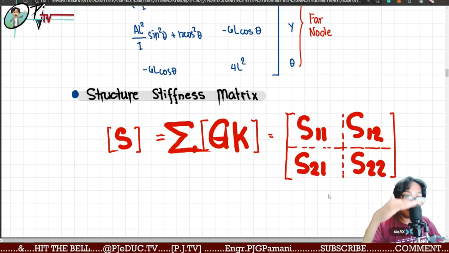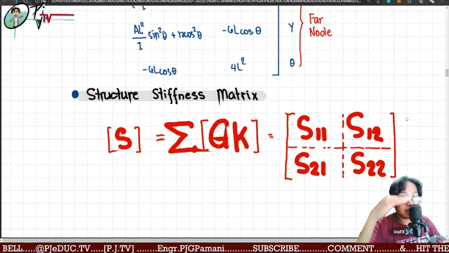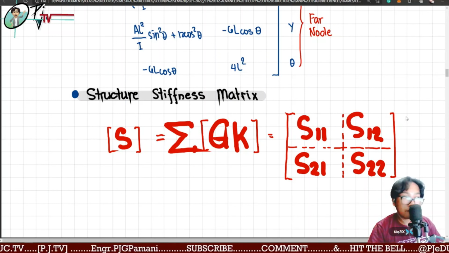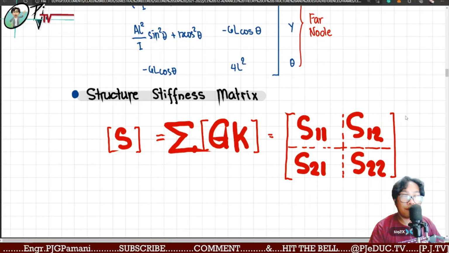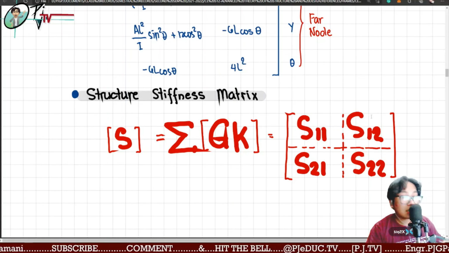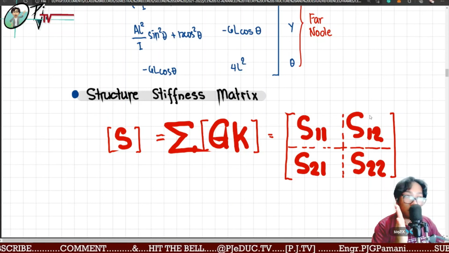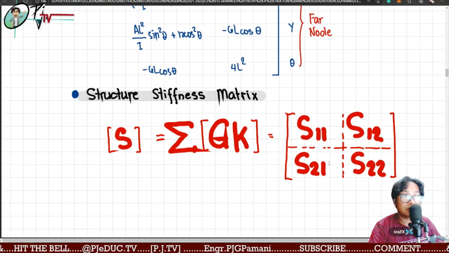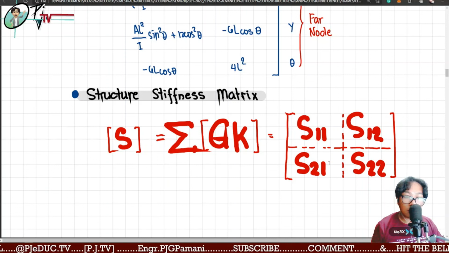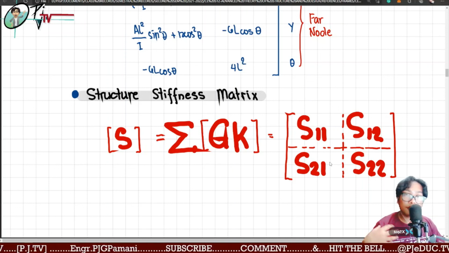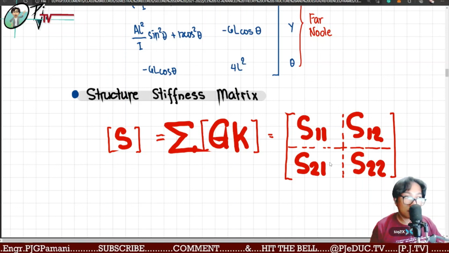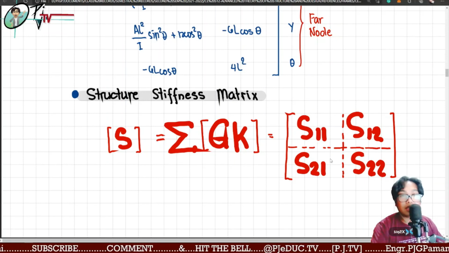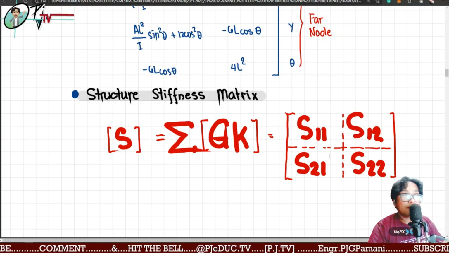So, pababa, hanapin mo yung ilang number of deflections. Halimbawa, merong 5 number of unknown displacement. So, magbilang ka ng 5 row, then 5 columns. Then, yun na yung magiging basis mo for your partitions. So, if we have 5 unknown displacement and also 5 unknown forces, so 5 by 5 yung ating partition.